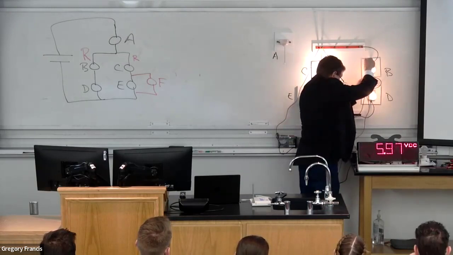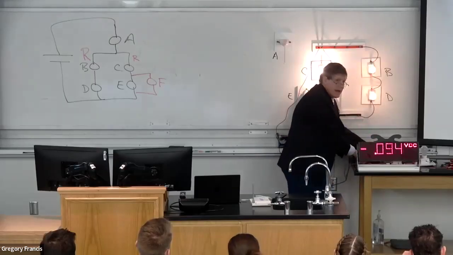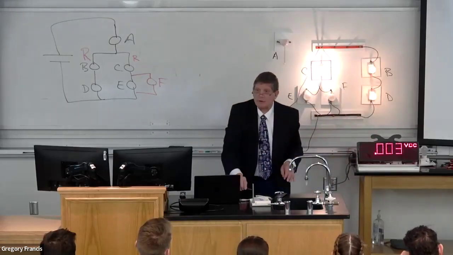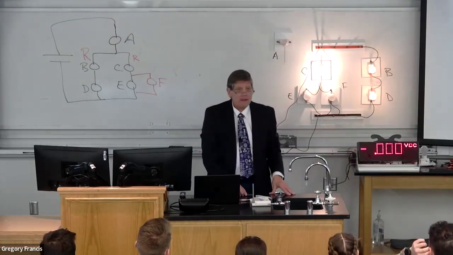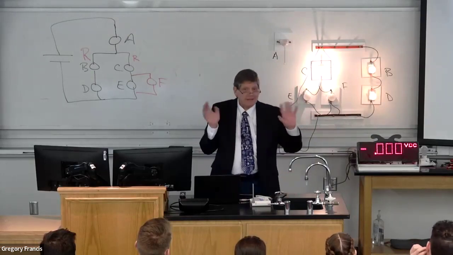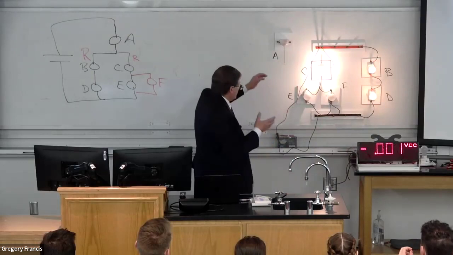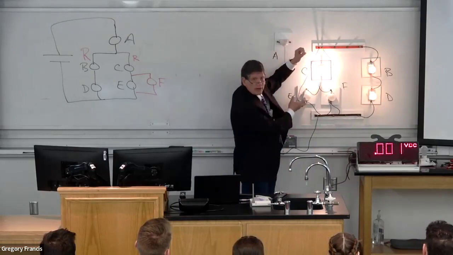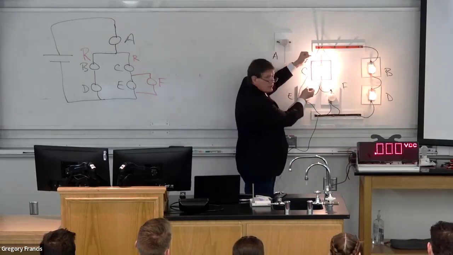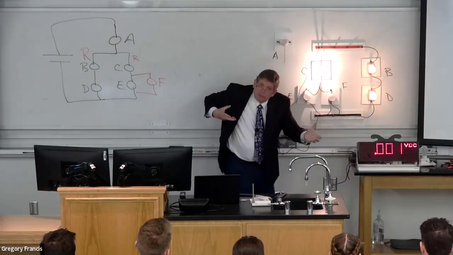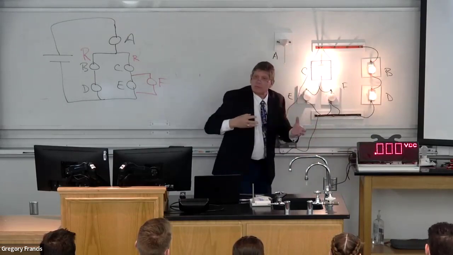So the brighter bulb has more volts across it and more flow through it. Those are not disconnected. It's the greater push, the greater pressure difference across this bulb that's responsible for driving more flow through it.